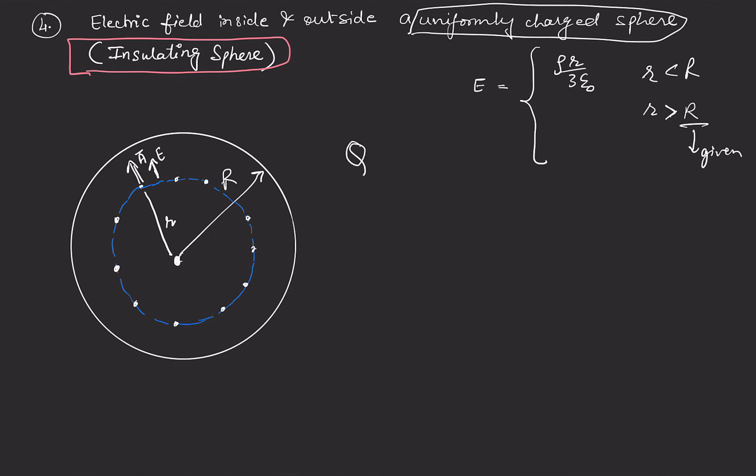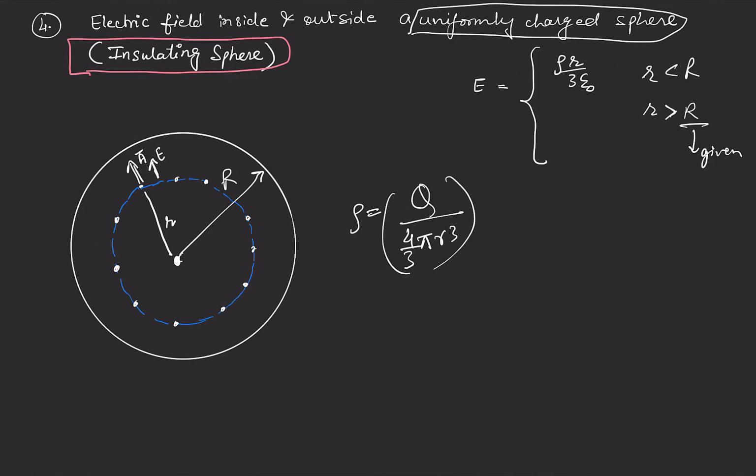Let's say that's capital Q. Then rho can be easily found, since rho is basically charge per unit volume. So total charge is Q and it's uniformly distributed over the volume, so rho can be simply calculated by this if rho is not given, instead Q is given. So that's a trivial point.